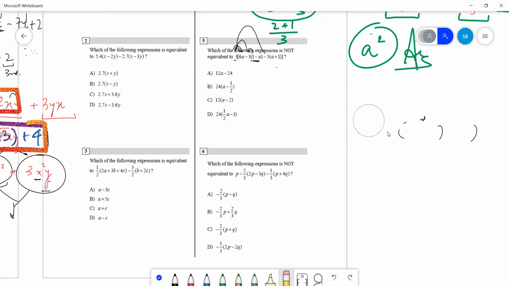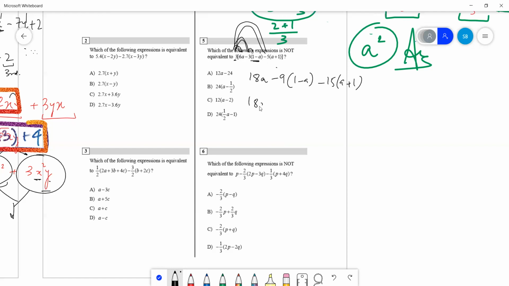If you have done it that way, we can do that. 3 times 6a will be 18a, and 3 times negative 3 will be negative 9 times 1 minus a, and 3 times negative 5 will be negative 15 times a plus 1. Is this what you got? Yes, that is right.